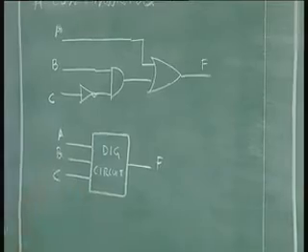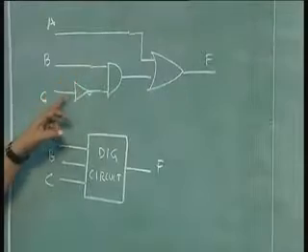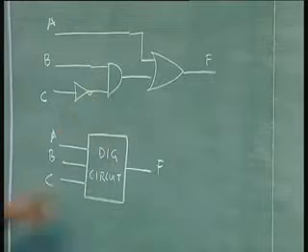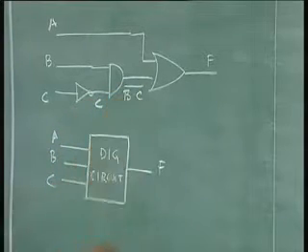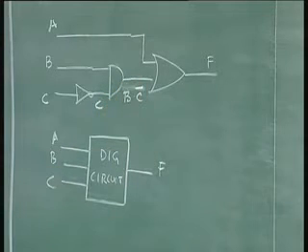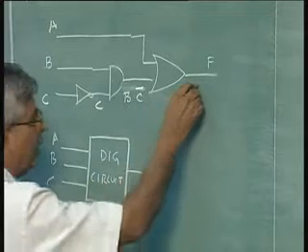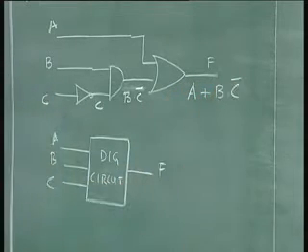Since all of us know the functions of the gates now, this is B and C bar, and this is A OR B and C bar. That is the behavior of the circuit.